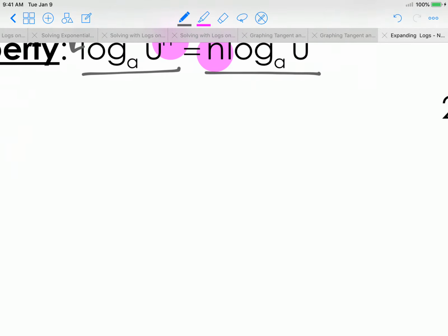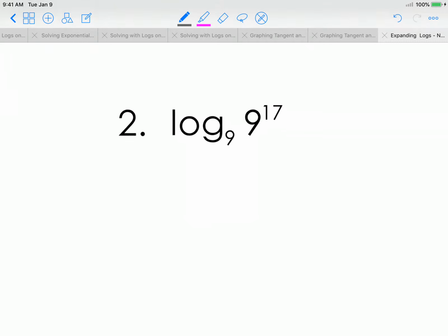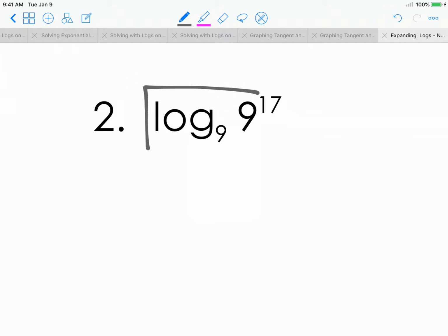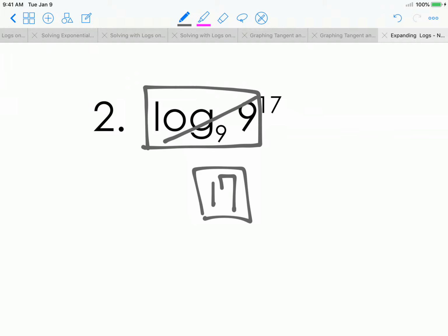And these are all where it's nice and pretty, so we can even use the special properties that we know. Look, cancel and it becomes a 17. But we need to be able to expand this and write them out because they're not always going to be the same.